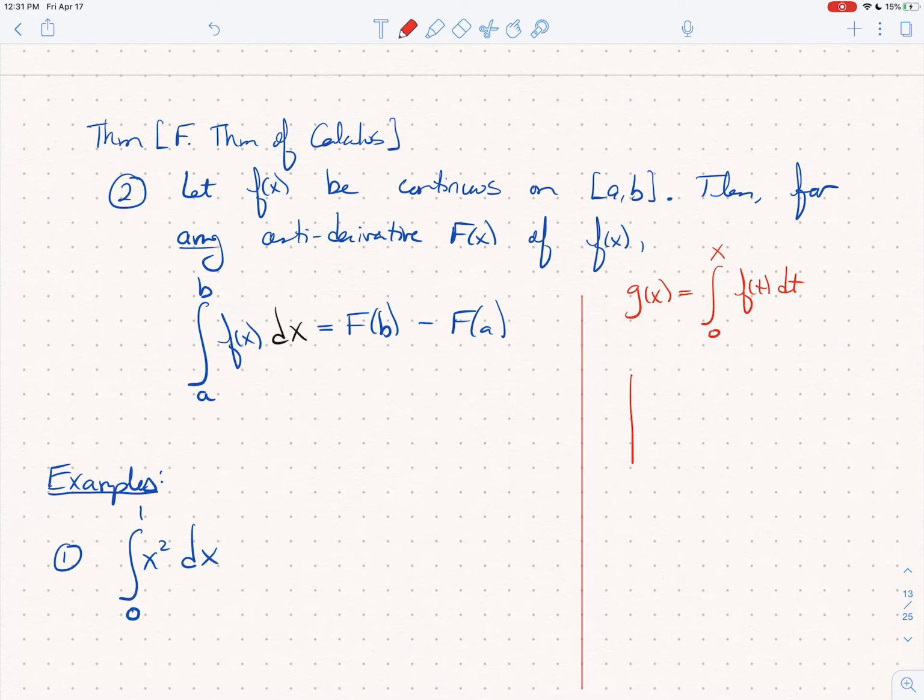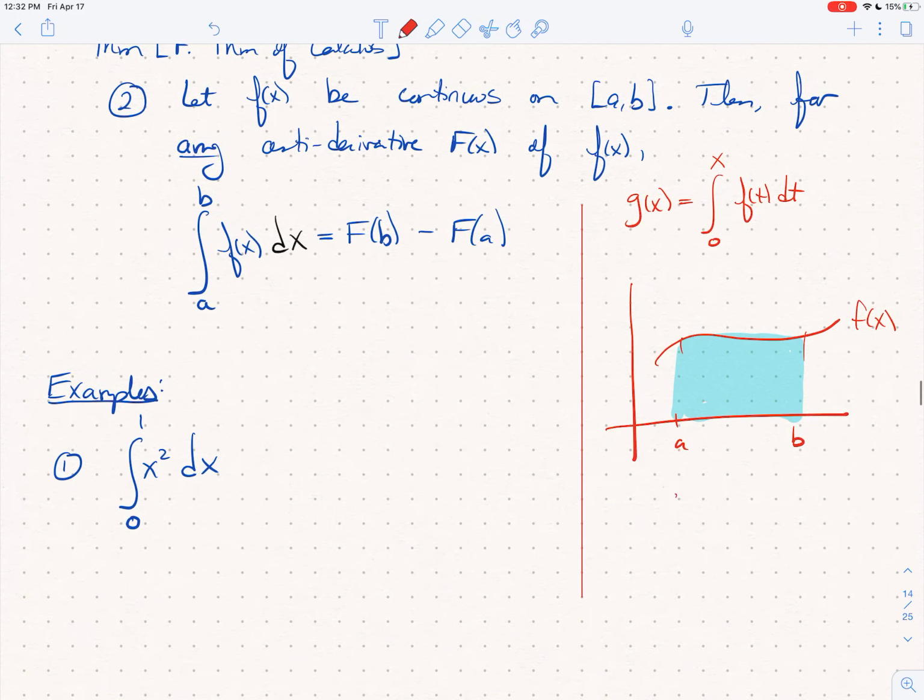And so if you want to get the area between 2 points, here's a, here's b, here's your f of x, if you want to compute this area using g, then this is exactly g of b minus g of a, like we did before. You take the area from 0 out to b, and then you subtract the area from 0 out to a, and you're left with the area that you want. And so this actually works for any antiderivative.